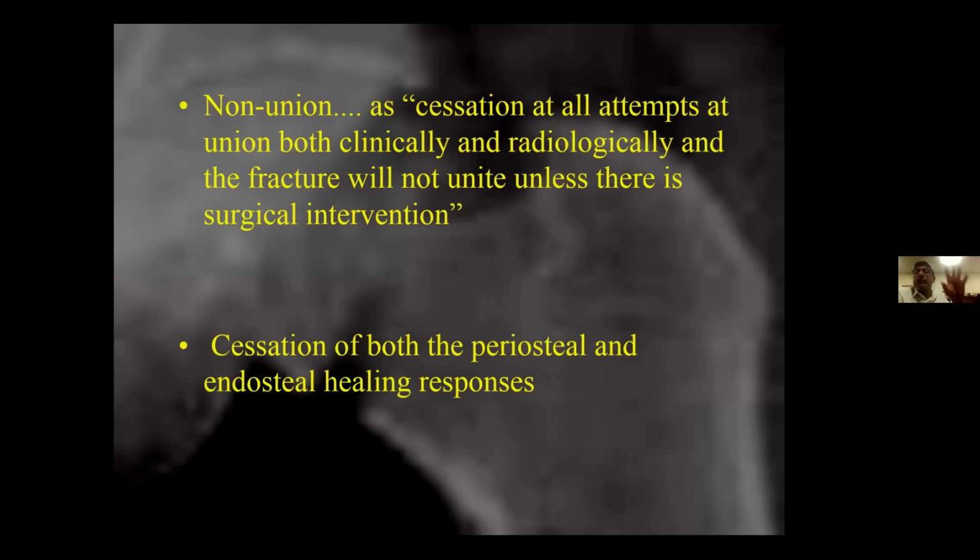And if you ask at the cell level what is happening, there's actually true cessation of both the periosteal and all the other endosteal healing responses. And therefore, it is non-union. So I hope I've made myself clear as to what truly is delayed union and non-union, and impressed the examiner by knowing the stages and the types.